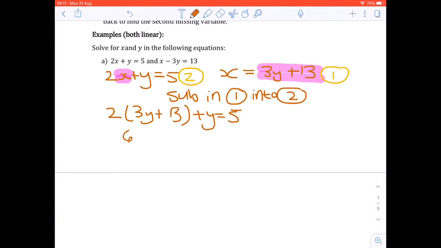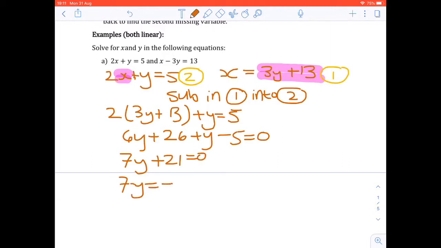So 6y plus 26 plus y minus 5 equals 0. 7y plus 21 equals 0. 7y equals negative 21. Divide by 7 on both sides. Therefore, y is equal to negative 3.